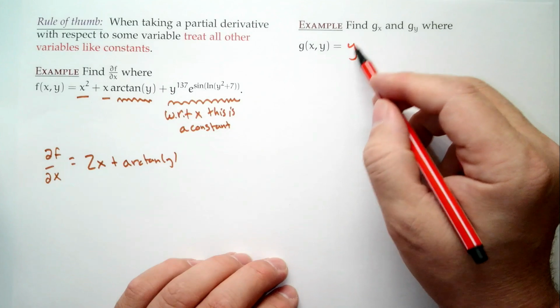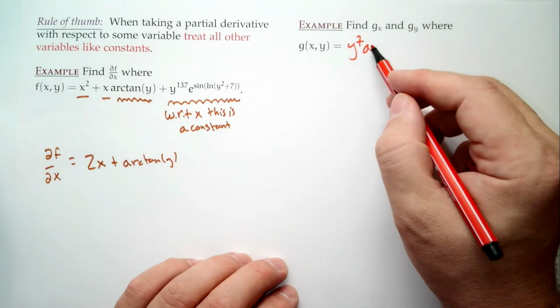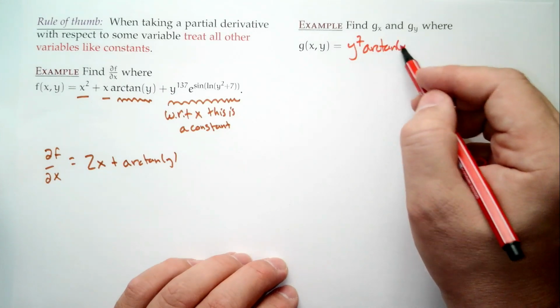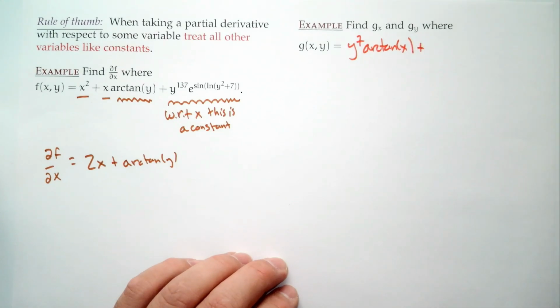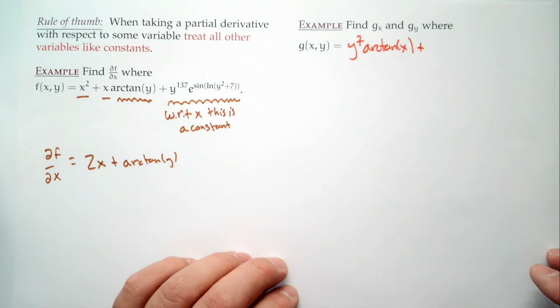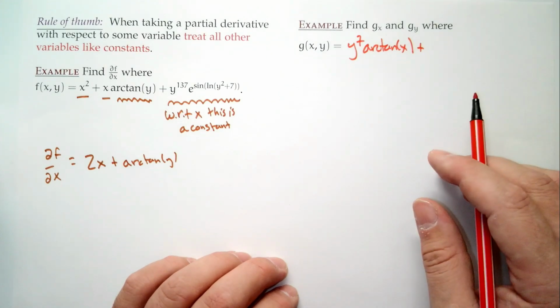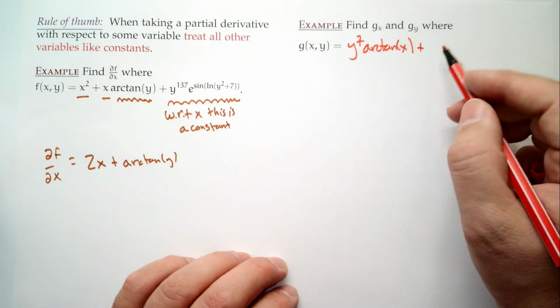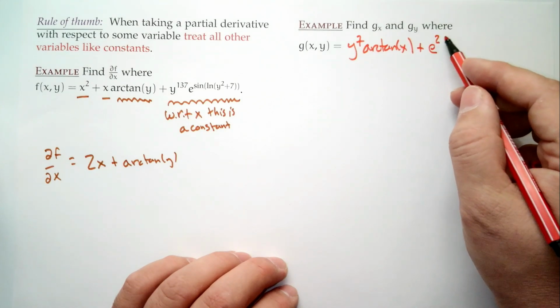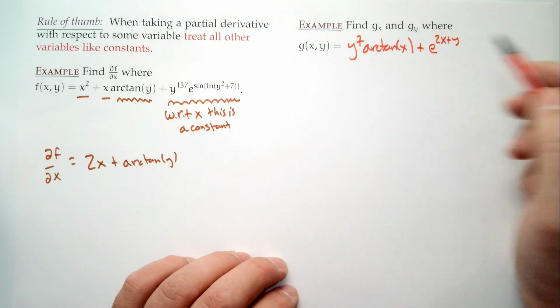All right, there was a y to the 7th, there was an arctangent of x. All right, what else? e to the sine of... e to the 2x. All right, how about e to the 2x plus y?